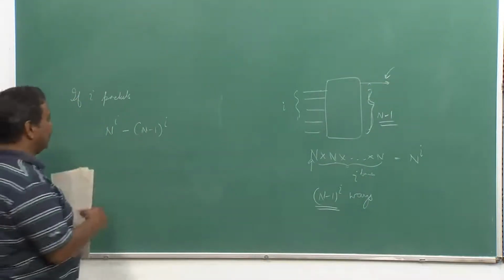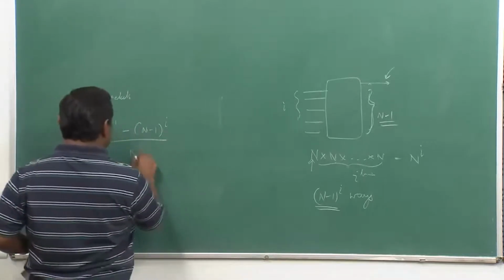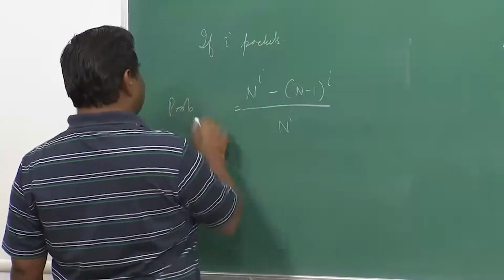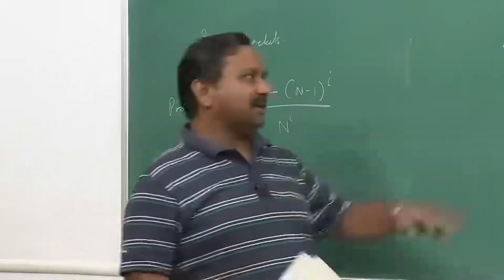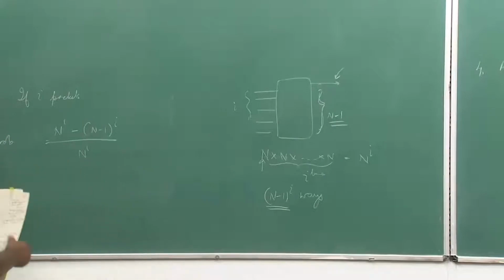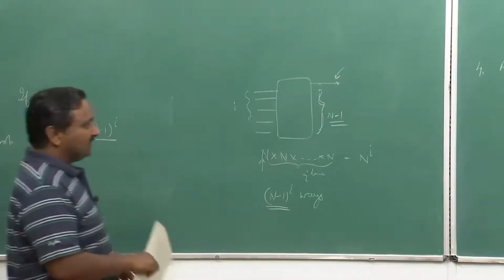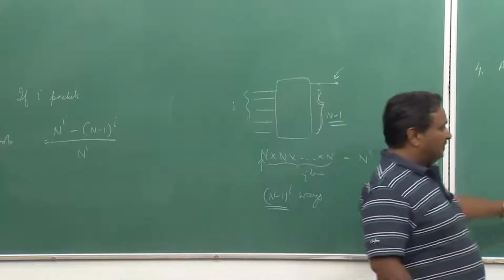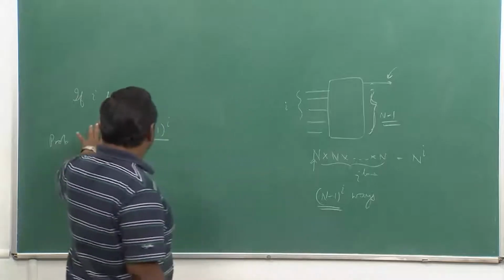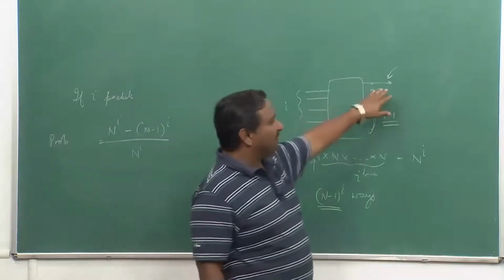The total number of ways in which the mapping can happen is n raised power I. So, this should be the probability that an output will be selected. This will be the probability that the output will be selected, and that is also the expected number of packets which are through, given that I packets have arrived. So, this is the probability that at least one packet will be coming out here.